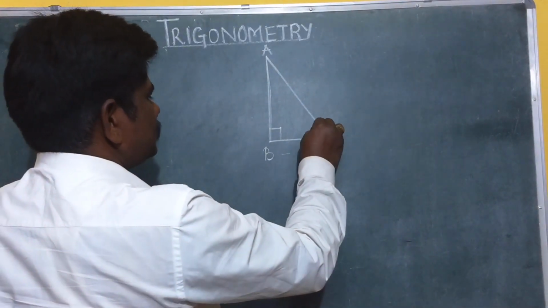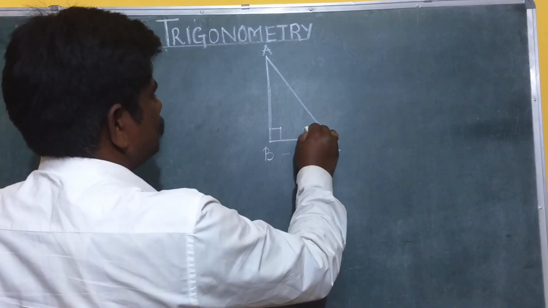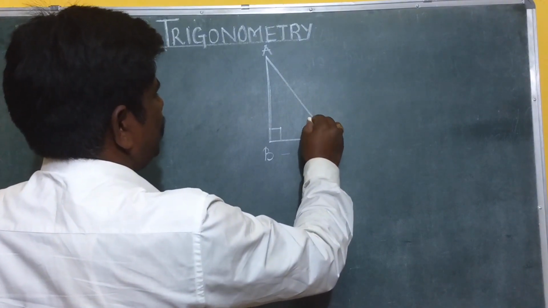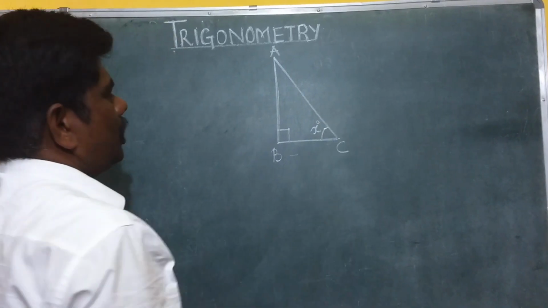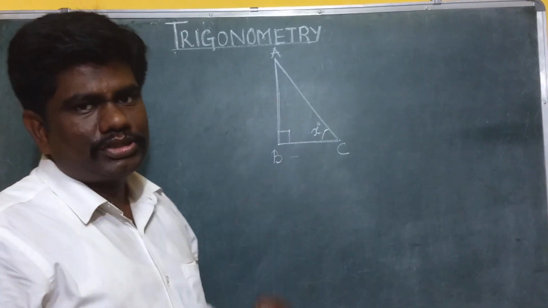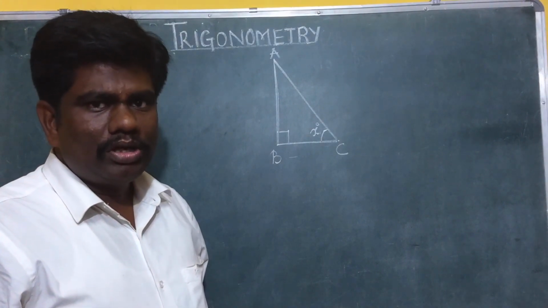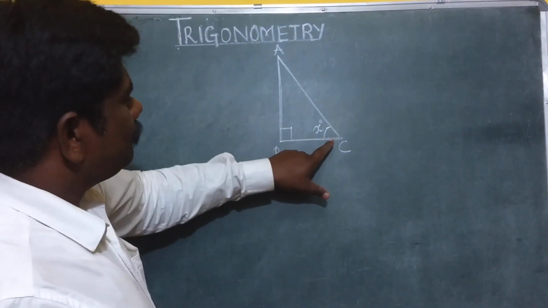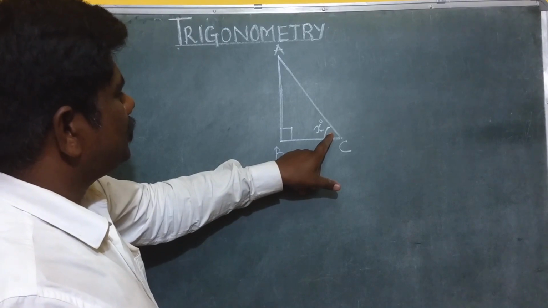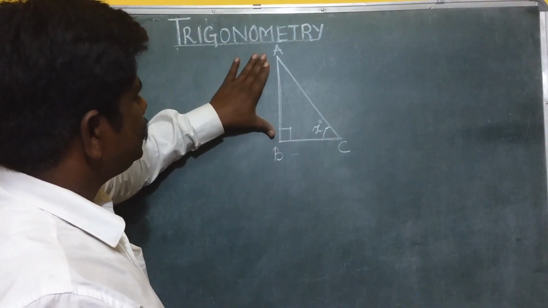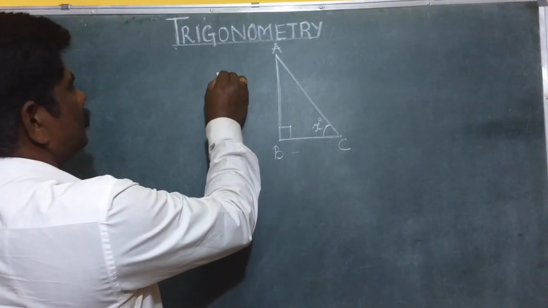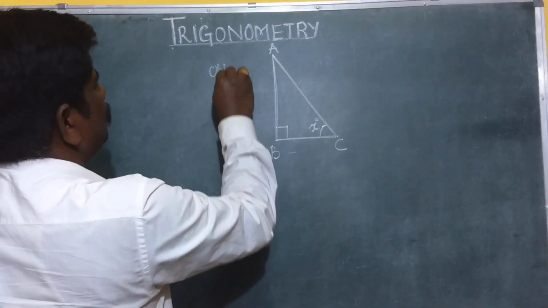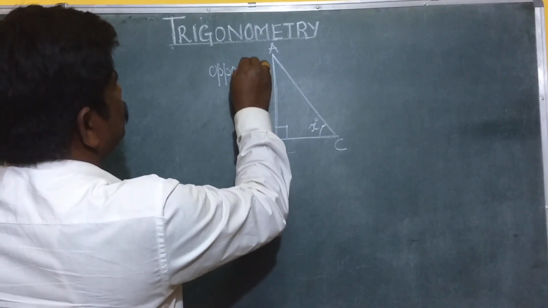Suppose angle C is equal to x degrees. I just take it as a reference for us. Now the side which is opposite to angle C, that is AB, is called the opposite side.